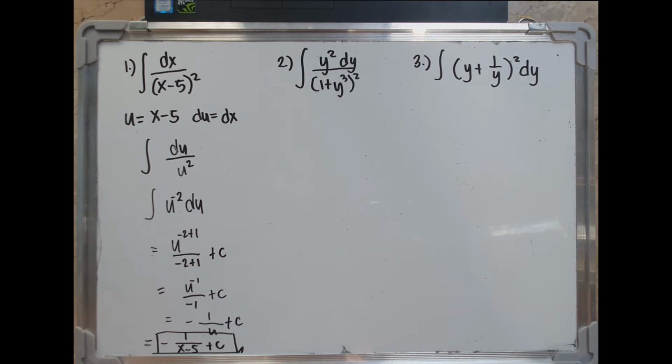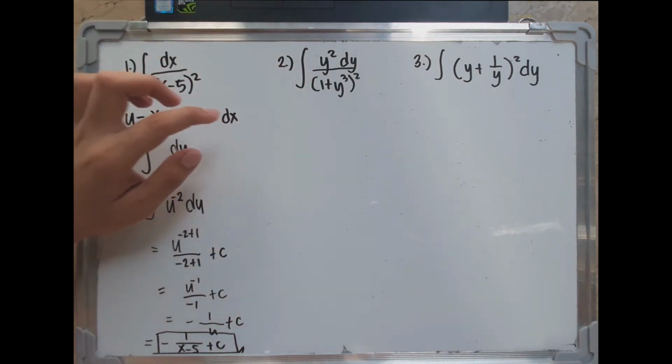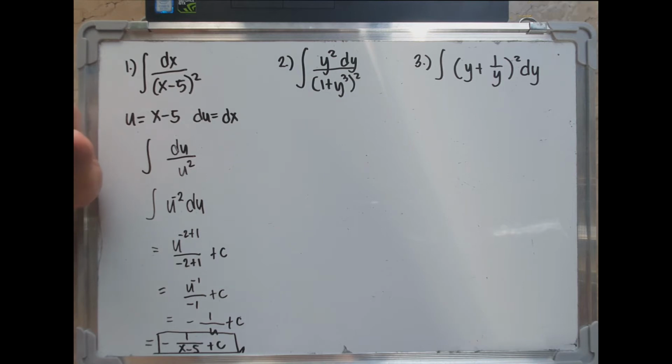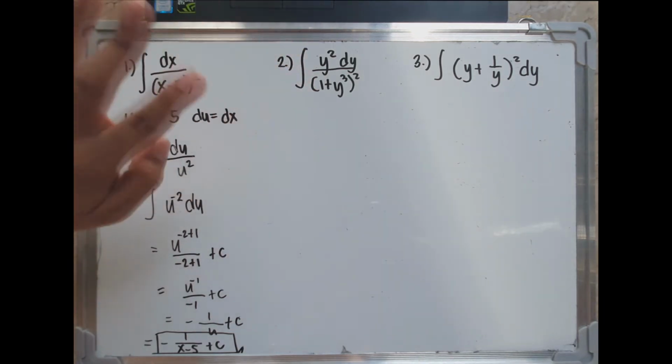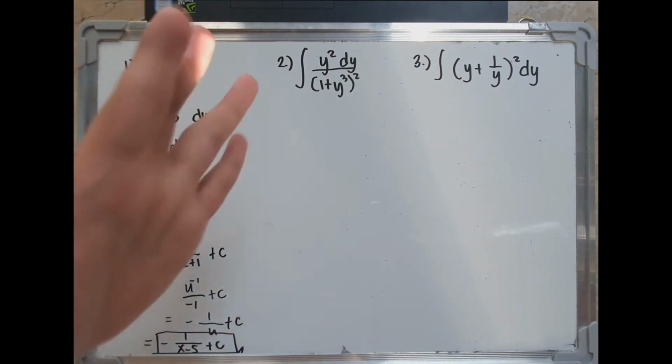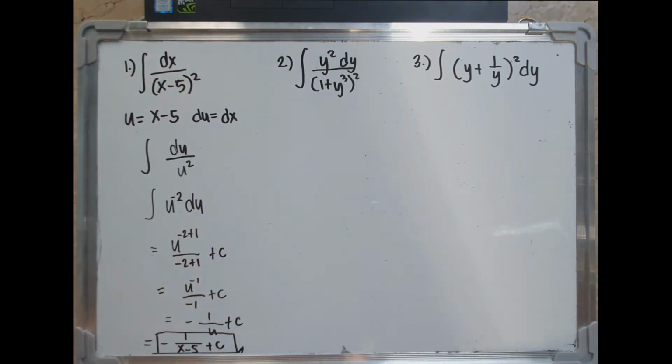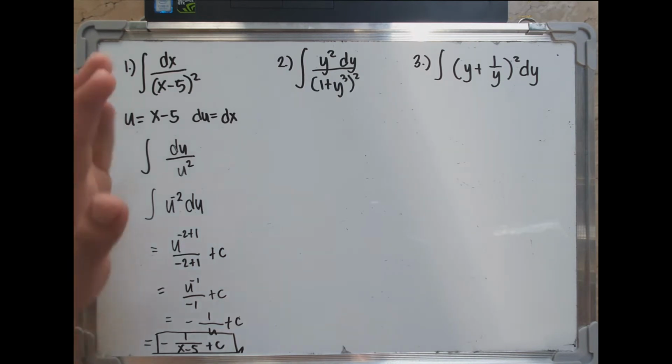Now, we will be solving problem number 2. If you look at the integral, we have a fraction. We have y squared for the numerator, and we also have the quantity 1 plus y cubed, raised to the power of 2. In this type of example, we will again be finding the relationship of the numerator and denominator.